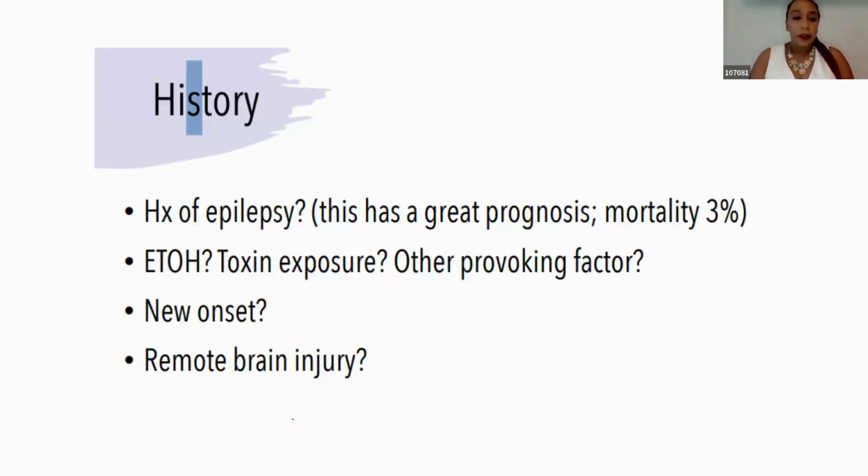Were they drinking? Did they stop drinking? Were they exposed to some toxins? Are their electrolytes completely off? And also, is this a new onset epilepsy? Have they had strokes in the past? Have they had tumors that were resected? Those would help us kind of figure out and triage our patients as quickly as possible.